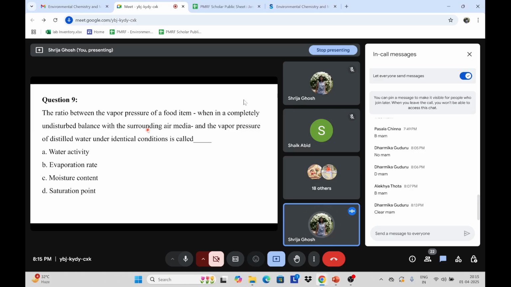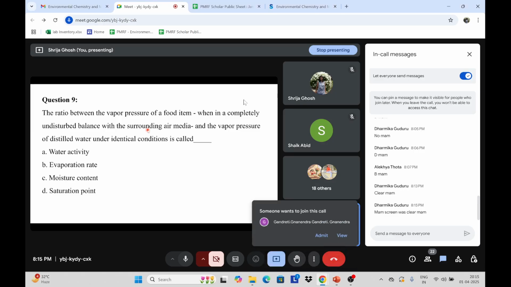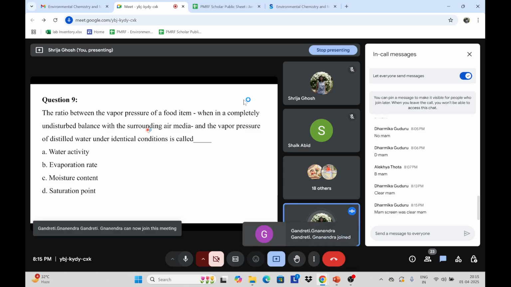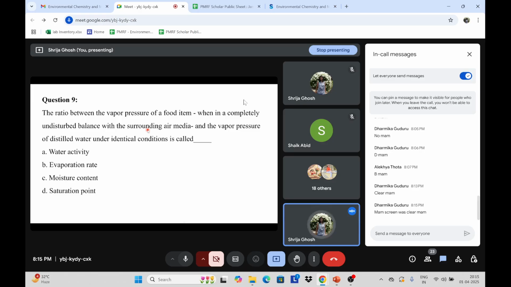So moving on to the next question. What do you mean the screen was clear? Can you see the question number 9?